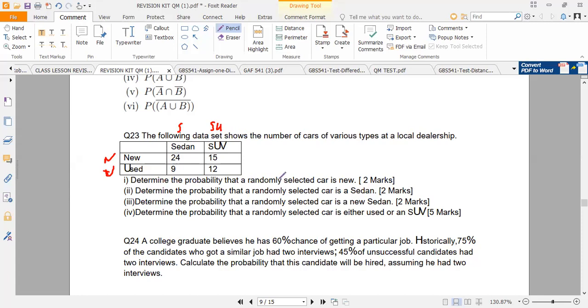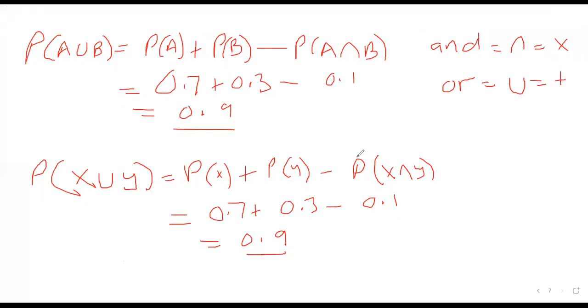So we've been asked to find the probability that it's a new car. So with this data, let me just summarize it on the worksheet. So just memorize or screenshot it. We have the following data.